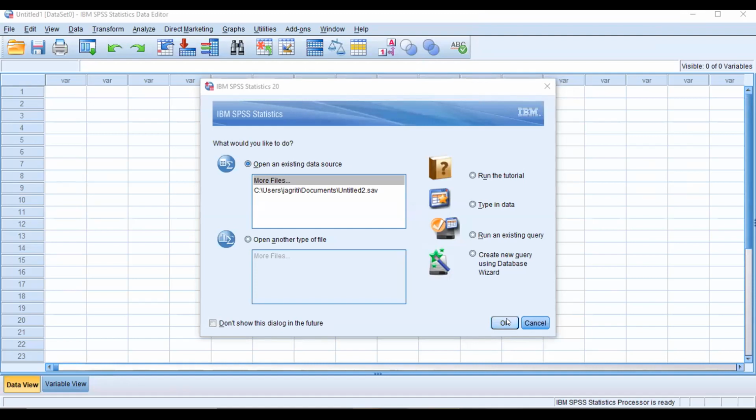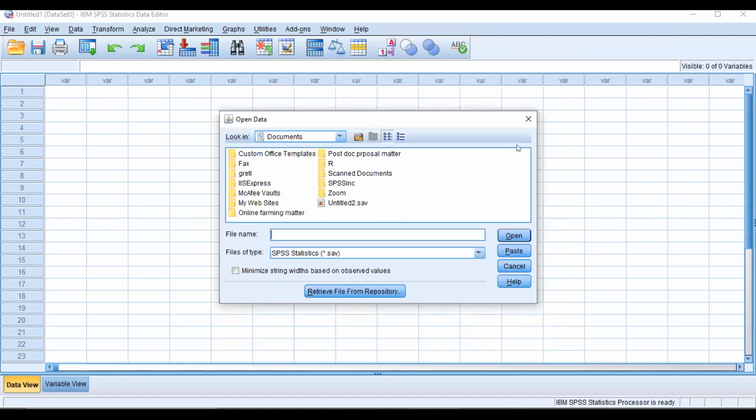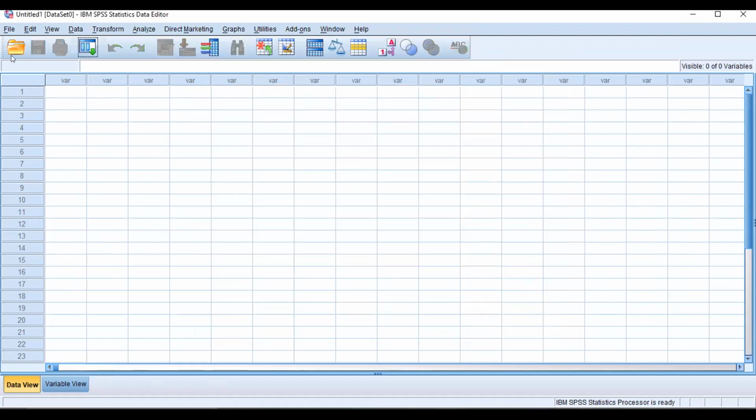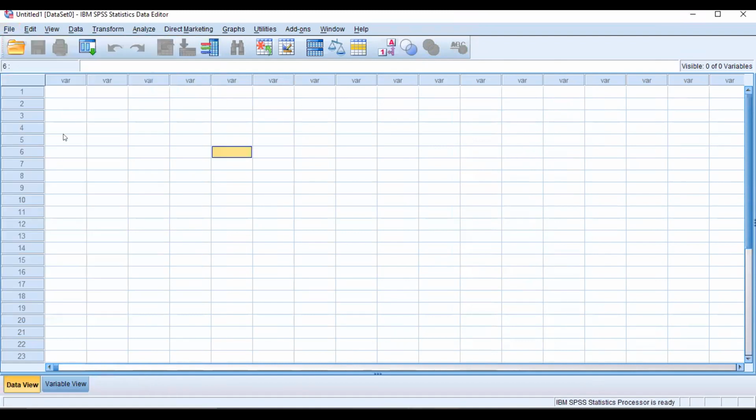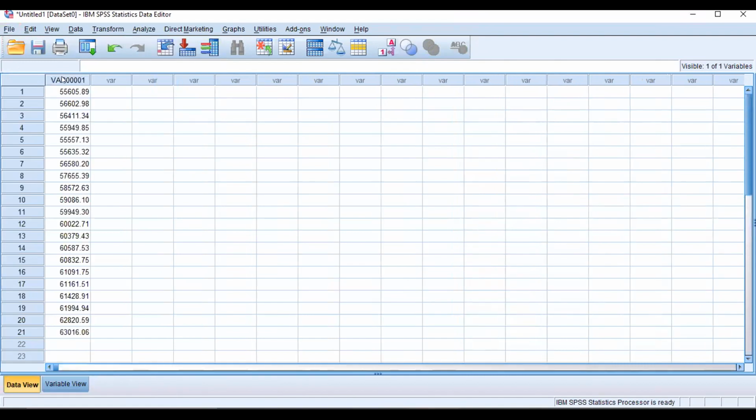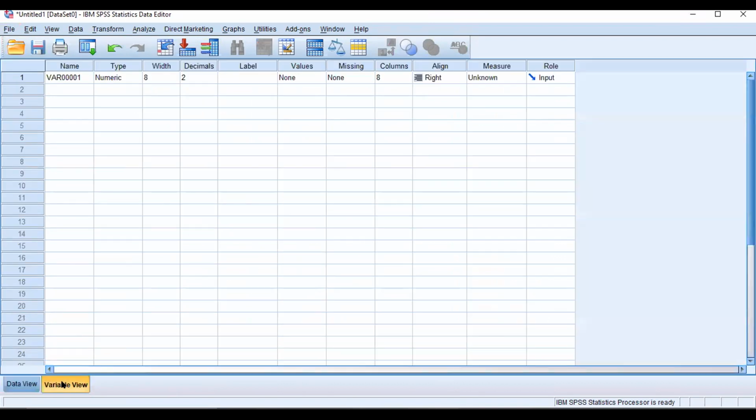So basically, you can do two or more things. You can import data from here, otherwise you can paste directly in a data set and give the name of that. See, you have this, and here you can define the variable. This is another way.